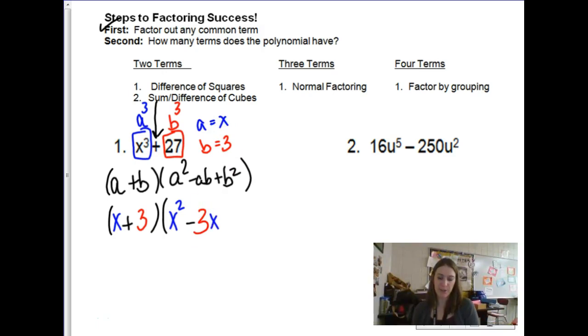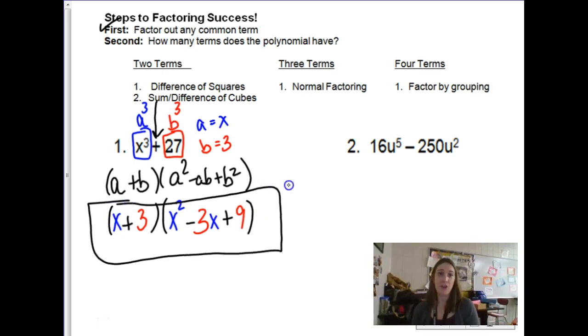Order doesn't matter when you multiply. Plus b squared, which would be 3 squared, also known as 9. And the best part about the cubic patterns is once you use the cubic pattern, you're done. There's never going to be any further factorization. We're going to see some problems today where you think you're done and then it looks like you can factor again. But this is the final answer.